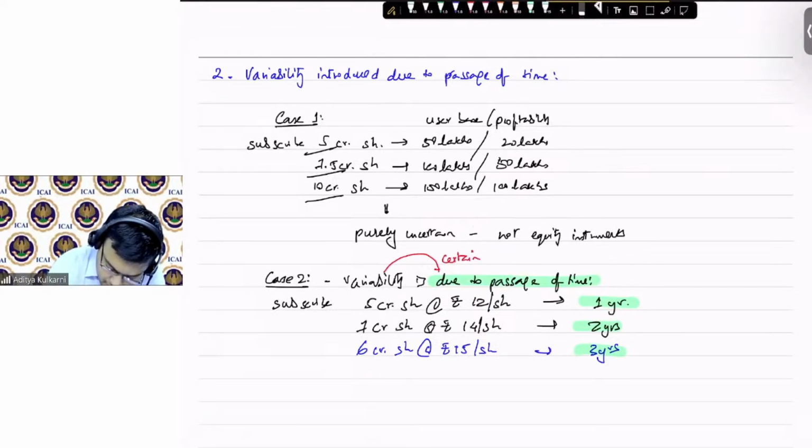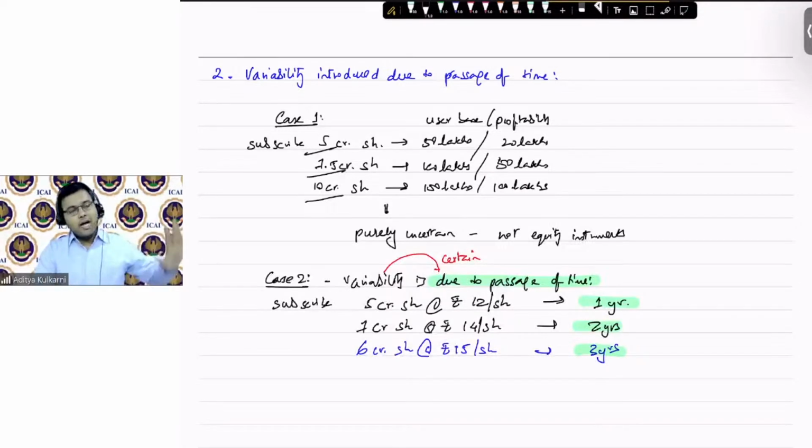Okay. So therefore, if the variability is due to a certain event such as passage of time, then though you have a variable number of shares or a variable price, in spite of that, it will be regarded as equity because the variability depends on passage of time, which is going to happen for sure. So you can take any number of shares, any price, but within the time span mentioned for exercising the option, it will be treated as equity.